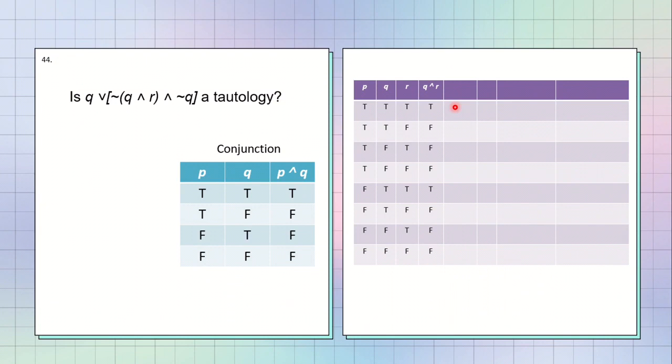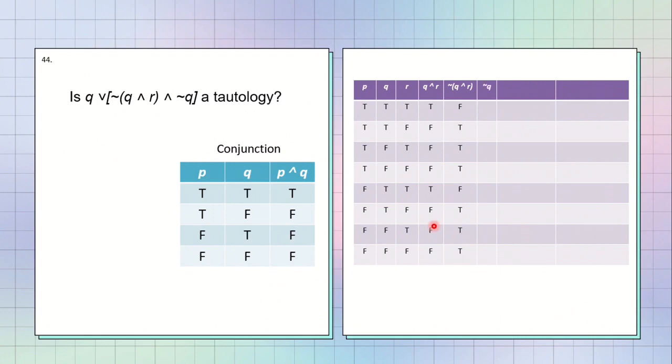For the next column, we will negate the value of the fourth column. Negation again is the opposite. So the opposite of true is false, and so on and so forth: true, false, true, true, and true.